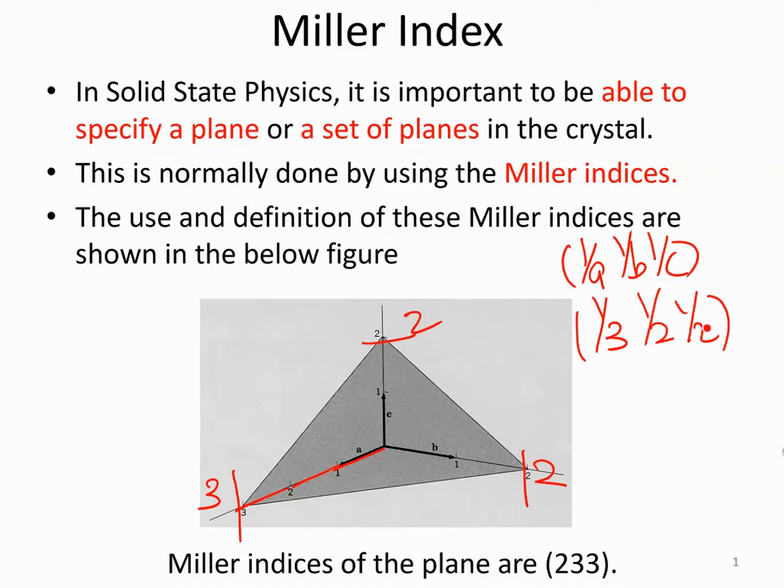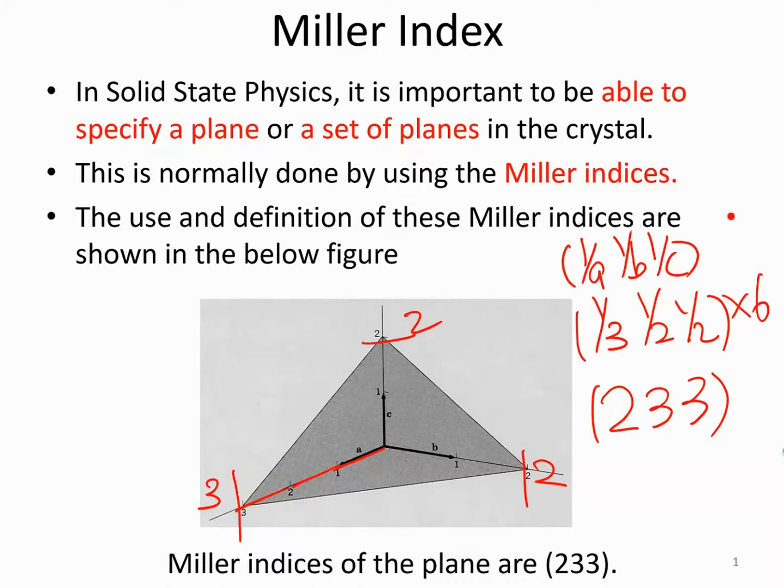So you want to get an integer. How do we get an integer? You can times 3 over 2 for each number here. No, not times 3 over 2, but times 6. When we times 6, you get 2, 3, 3. Then you will get an integer.